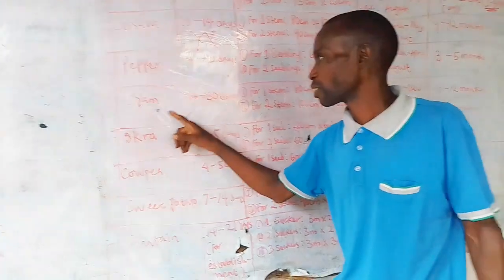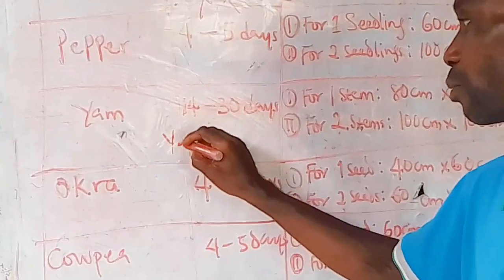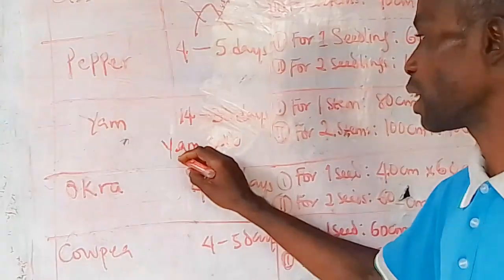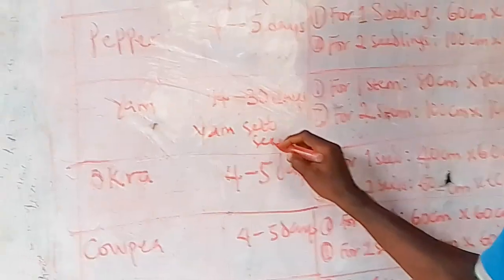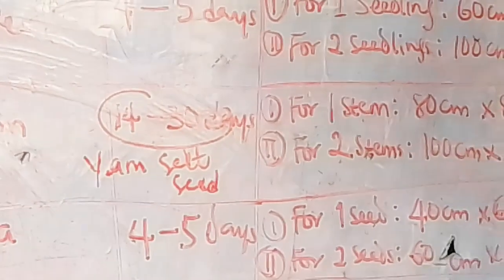Another plant is yam. Yam is cultivated using yam sets. You also have yam seed. It takes between 14 to 30 days for it to germinate or sprout.